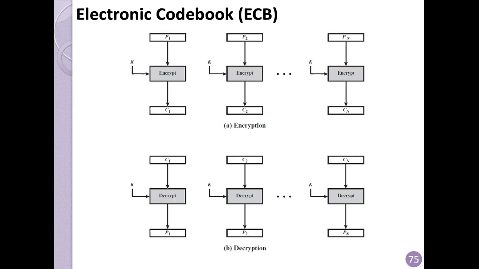Let's get started with the first one, electronic codebook or ECB mode. When we say ECB mode, it means you can run DES in ECB mode, you can run AES in ECB mode, you can run RSA in ECB mode. Any block encryption algorithm can be run in ECB.